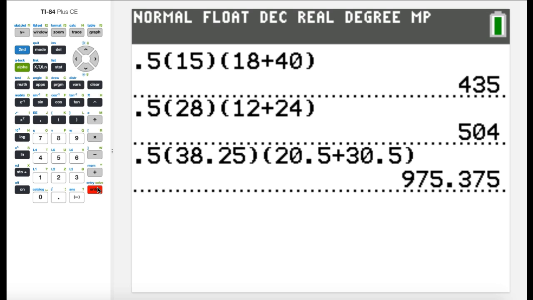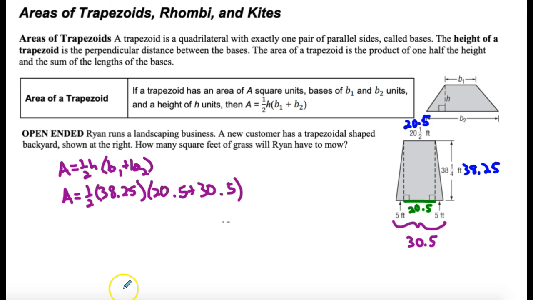But everything we've done has been rounding to the nearest tenth, so let's go ahead and round this to the nearest tenth. We would look at the hundredths place, which is the 7. That is greater than 5, which means this would round to 975.4. So we'll say that the area is 975.4 square feet.